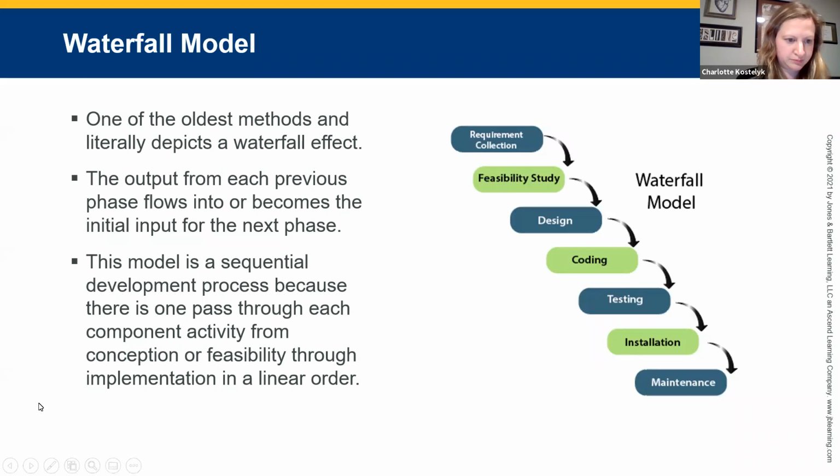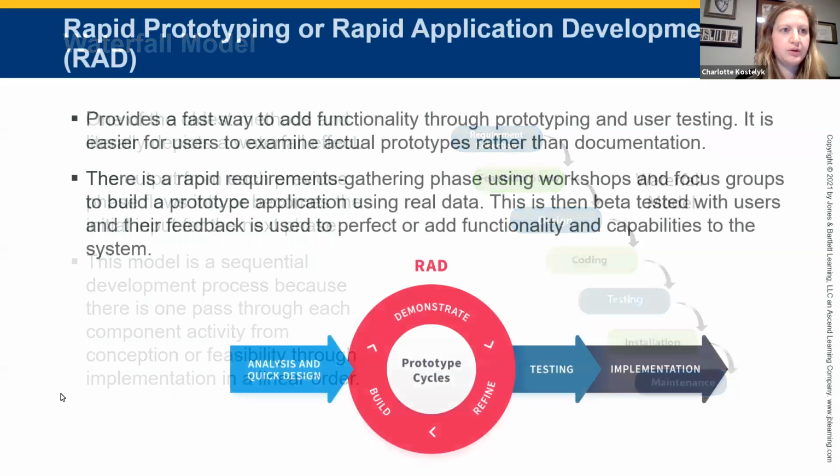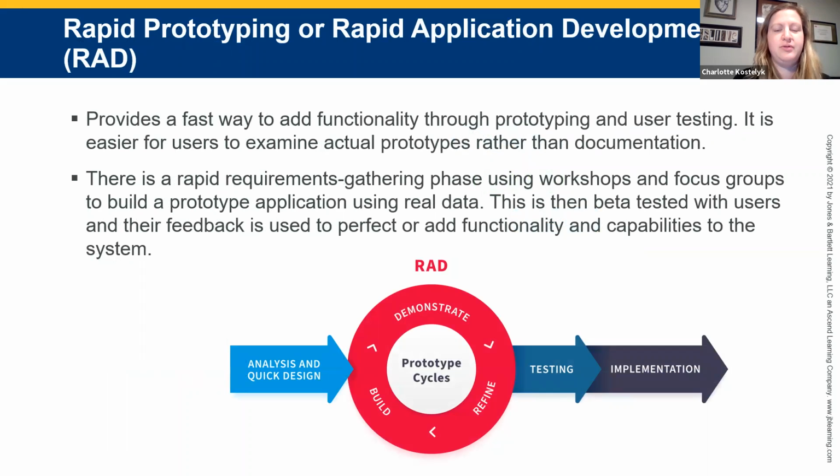So let's go to another one. We have rapid prototyping or rapid application development. This one speaks for its name. It's a little bit quicker versus the waterfall. It's formed from the waterfall, but it's a little bit different approach.